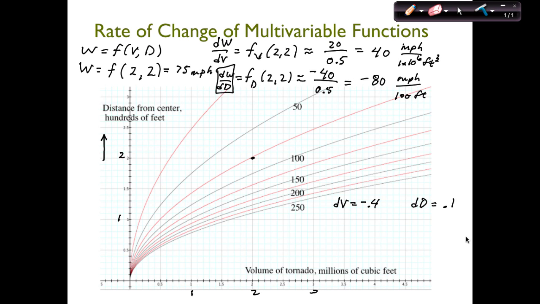I want you to find, if both those changes occur, what would the resulting change in wind speed be? So you do it. What would the resulting change in wind speed be if the volume of the tornado goes down by 0.4 million cubic feet and the distance from the center goes up 0.1 hundred feet, or was that 10 feet? Yeah.